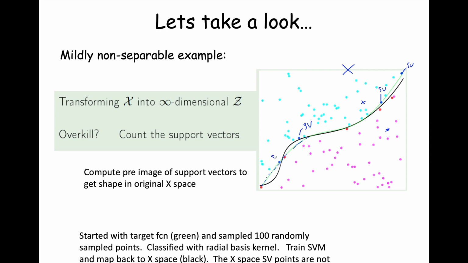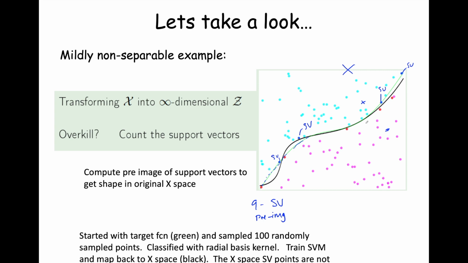We have another support vector here. So we have 1, 2, 3, 4 support vectors on the plus side, and 1, 2, 3, 4, 5 on the minus side. So we have 9 support vectors and 9 images or pre-images of the support vectors.